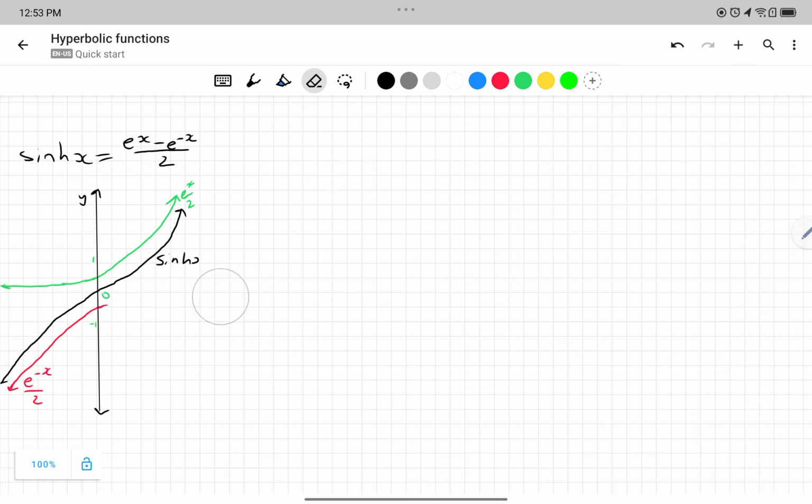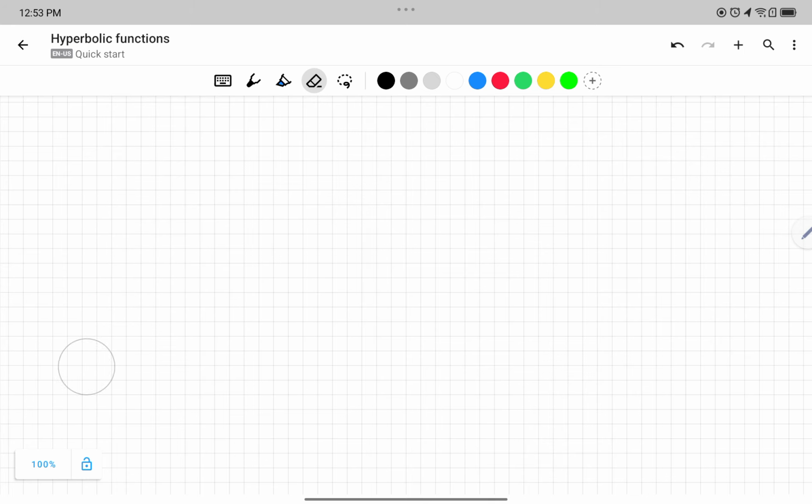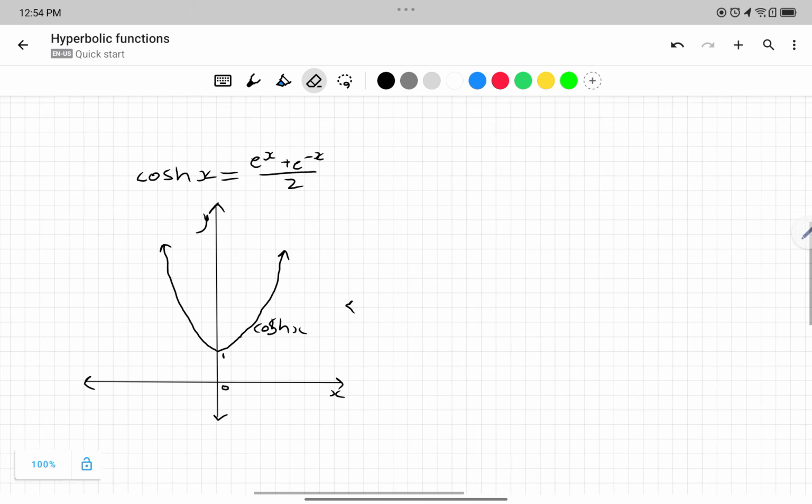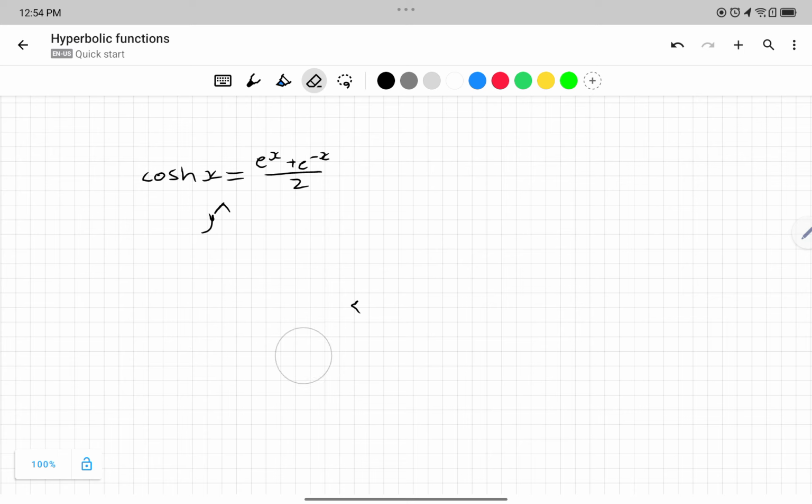Let's erase these. It has to go, it's taking up a lot of space.